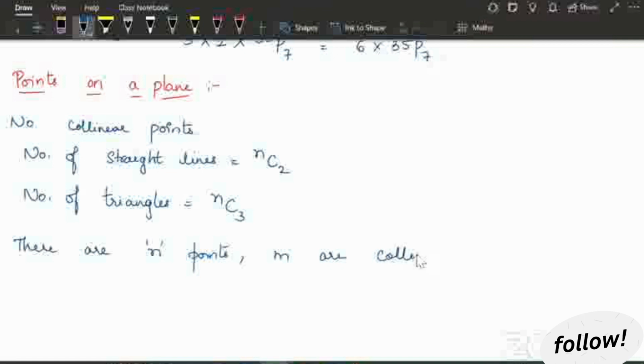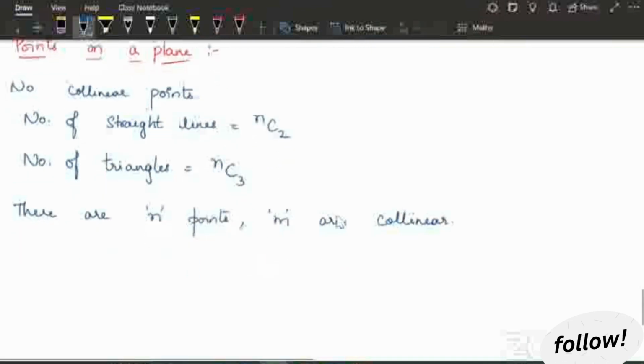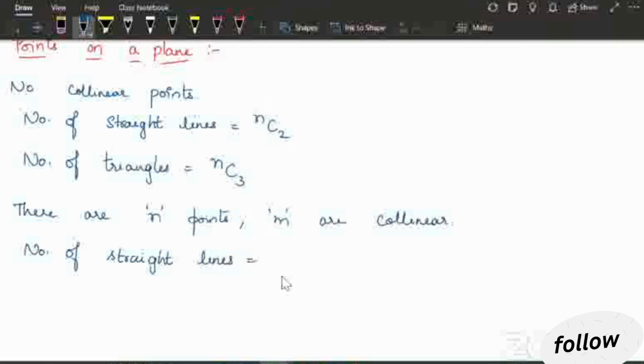Like what I had written earlier, there are 5 points in which 3 are collinear, or 9 points in which 4 are collinear, something like that. So these points lie on the same line. Here, how many lines can be formed? First, we find out how many 2-letter combinations can be written, which is nC2.